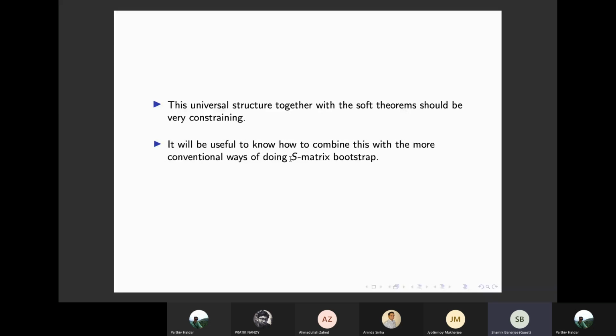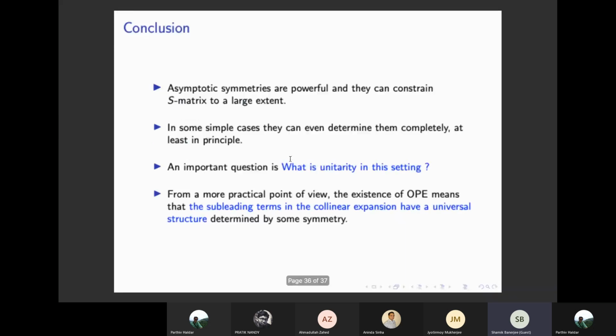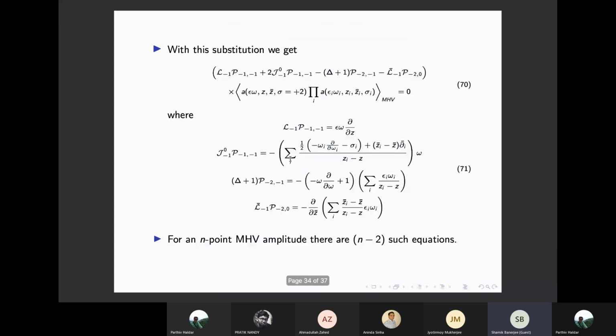Because precisely in those cases, you have all these infinite dimensional symmetry algebras, and they can be extremely constraining. That looks like what needs to be done, but we don't know right now how to do it.